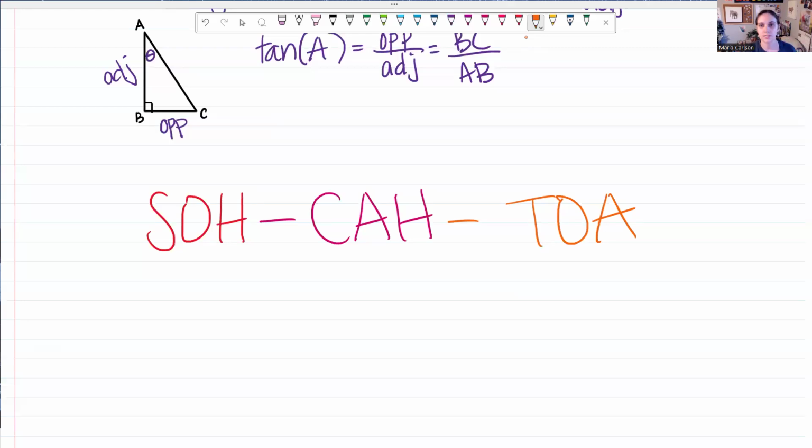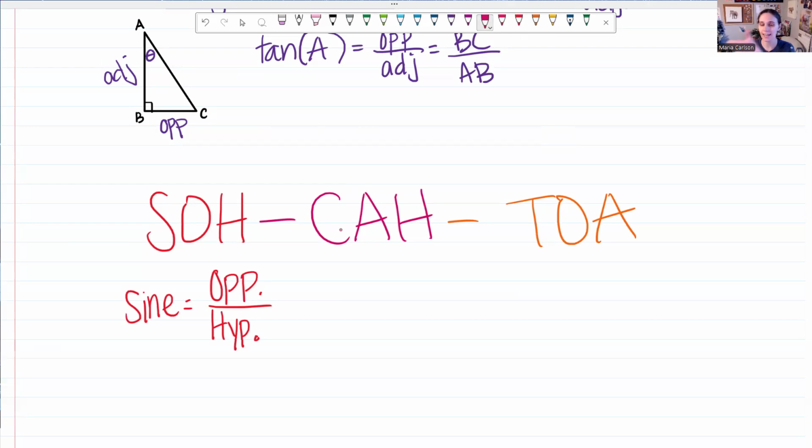So what this represents, I'm going to take it piece by piece, starting with the first three letters. SOH tells me that the sine is the opposite over the hypotenuse. So S means sine is opposite O over hypotenuse H.